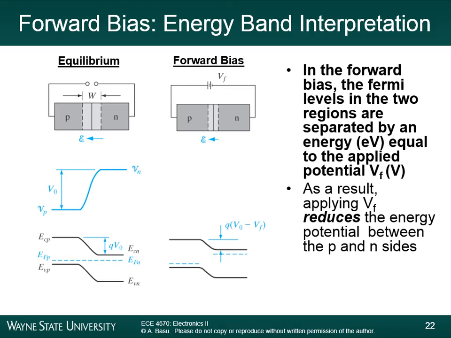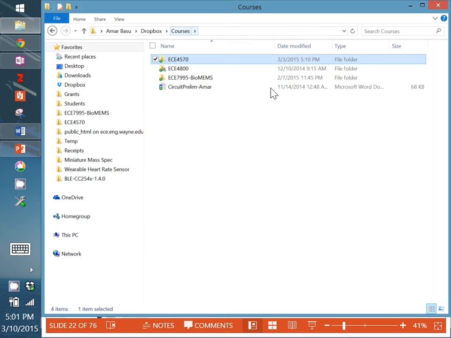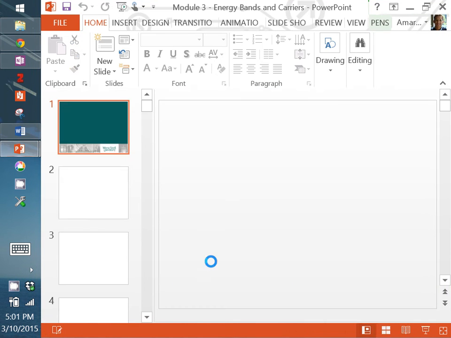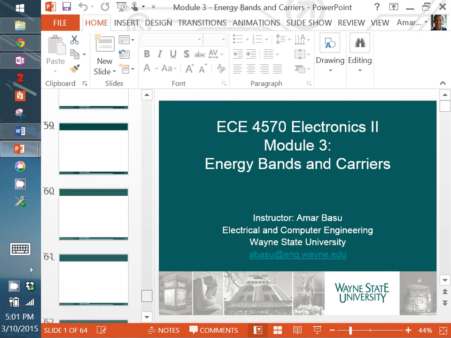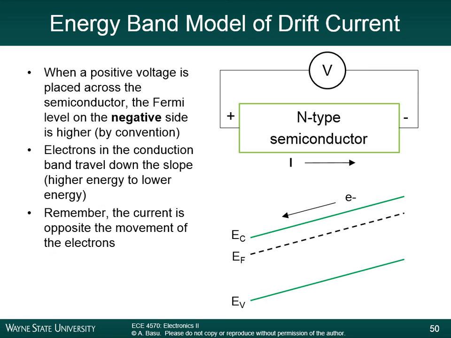We talked a little bit about this in the context of the first module. Let's see if I can bring that up here. Module 3. If you recall, the last thing that we talked about in Module 3 was the energy band model of drift current.